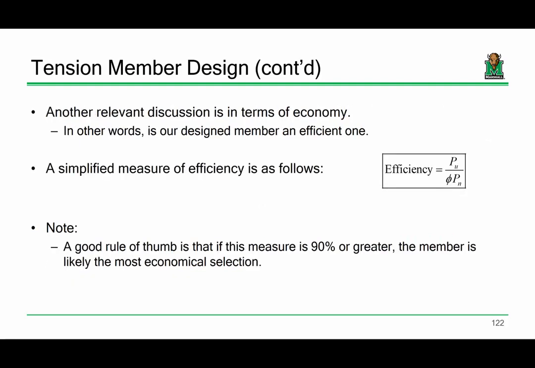Point 2, to be absolutely crystal clear: if you compute an efficiency of 90% or better, you're good. It is possible that during the process of design, you compute an efficiency of 90.01%.